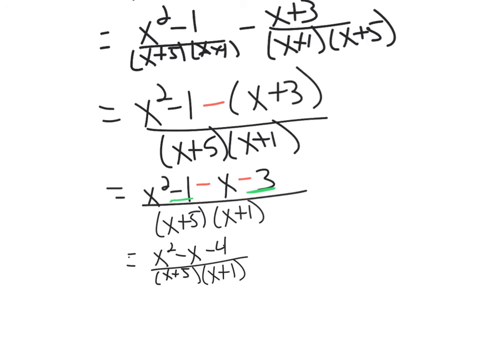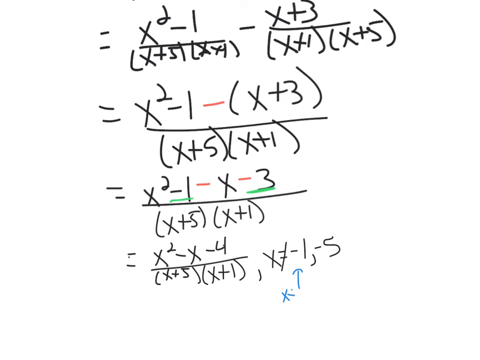But you cannot forget with rationals, you have to put restrictions on the domain. What can't x equal? So let's look at that denominator. X plus 1 cannot equal 0, therefore x cannot equal -1. X plus 5 cannot equal 0, therefore x cannot equal -5. And again, where are we getting this from?